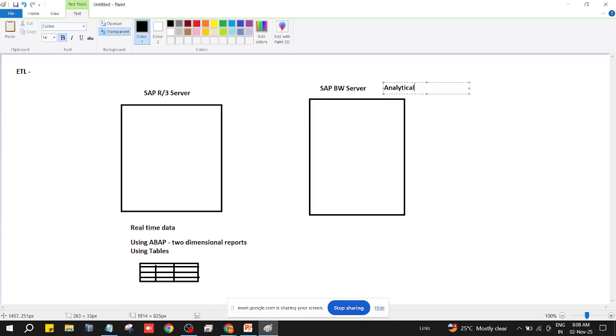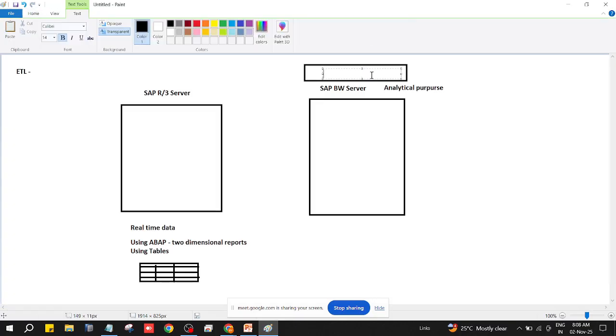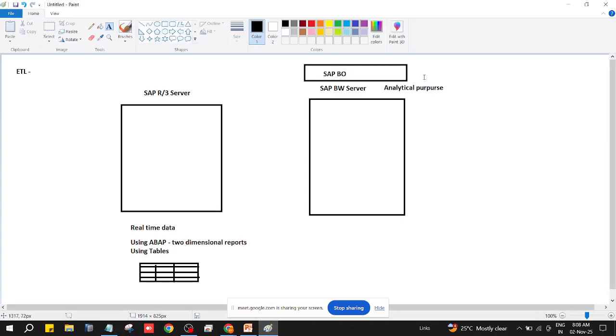For analytical purposes, SAP acquired a front-end tool called SAP BO, Business Objects, BOBJ, we call it. The front-end tools in the market are Power BI, Tableau, DataStage.